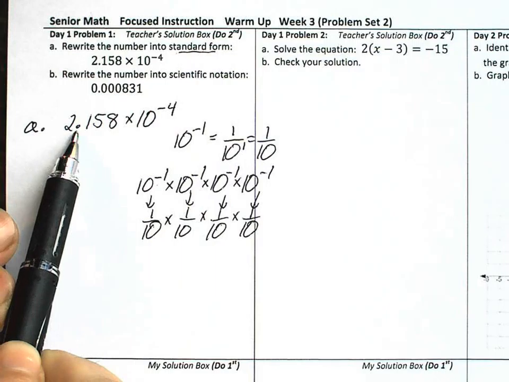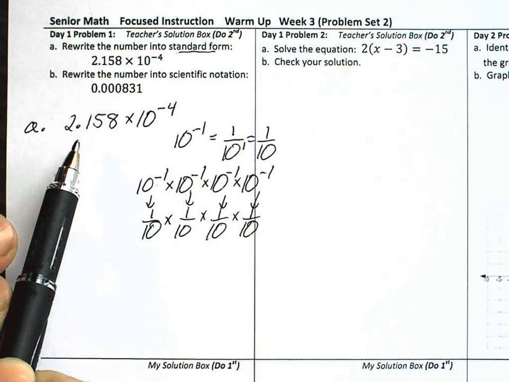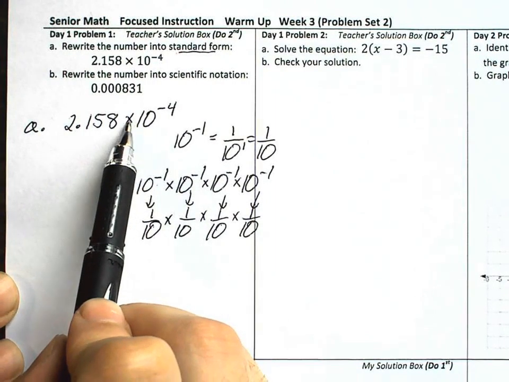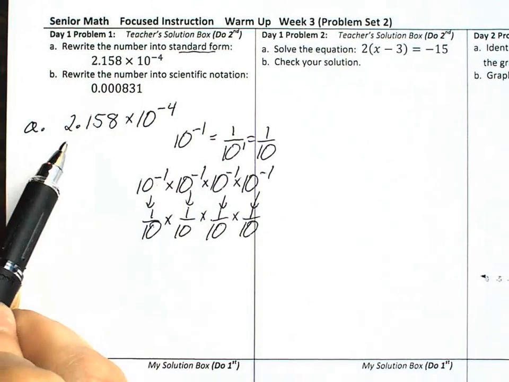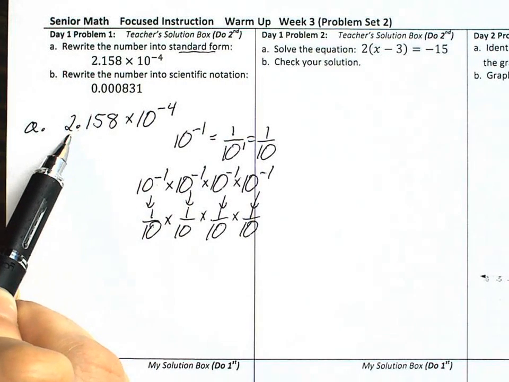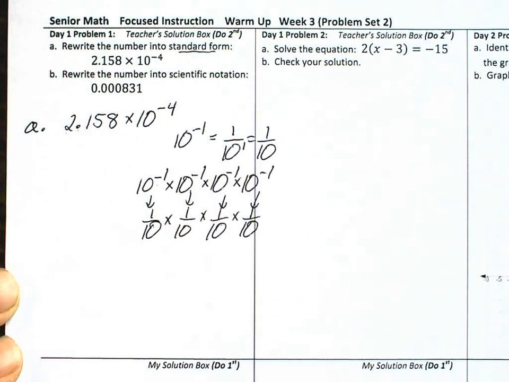And a quick way to do that with numbers that have decimal points is to move the decimal point one position to the left every time you want to multiply by 1/10. Okay? So multiplying by 10 to the negative 4 will have the effect of moving this decimal point not just one spot to the left, but 4 spots to the left.